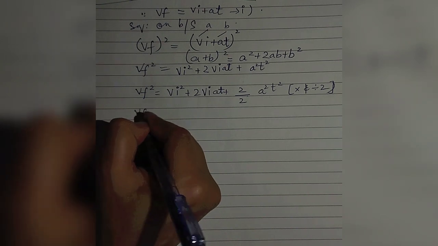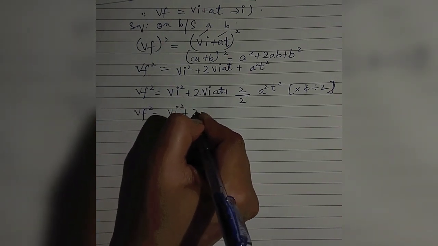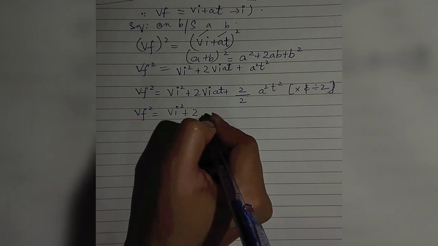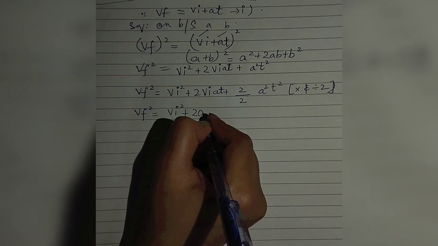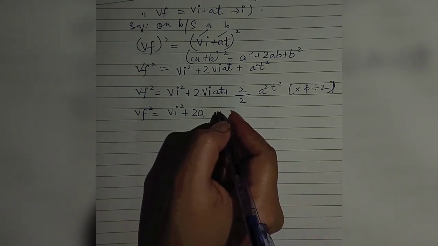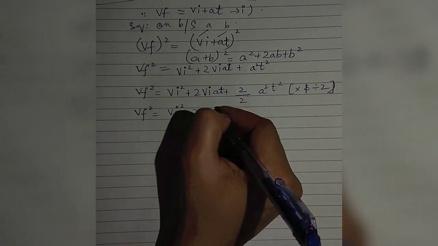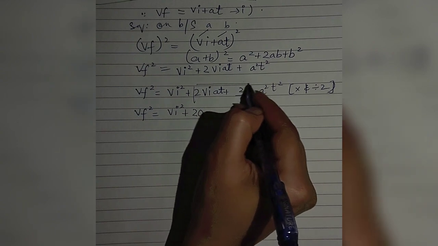Now it becomes Vf squared remains same, Vi squared, then we have 2a. Let's write it like this: 2 remains same, just taking 2a common from here.